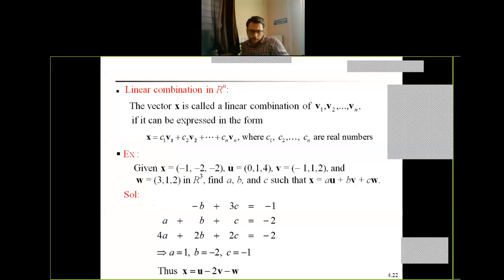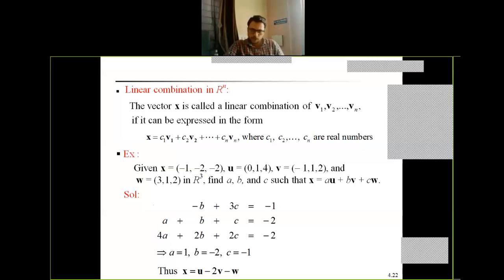What we have to do is find a, b, and c such that x is equal to au plus bv plus cw. So we will write the coefficients of u, v, and w, because these are vectors only. That's why we have multiplied all the components of every vector by a, b, and c.